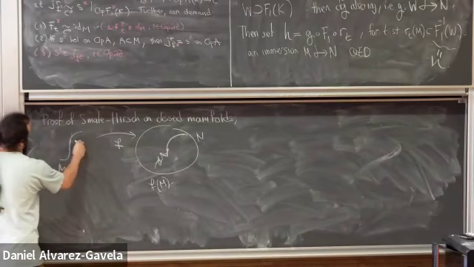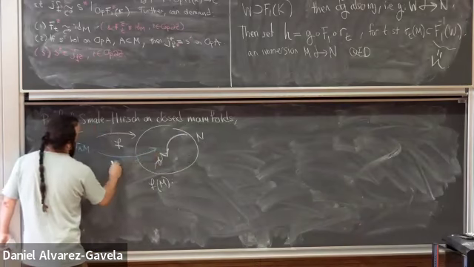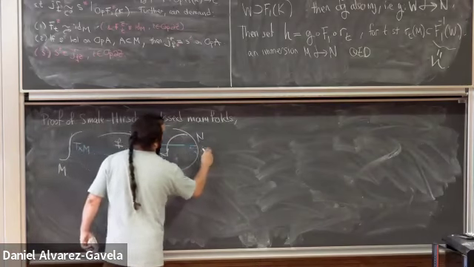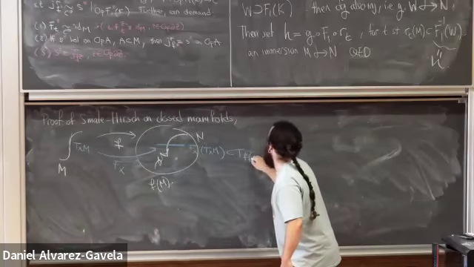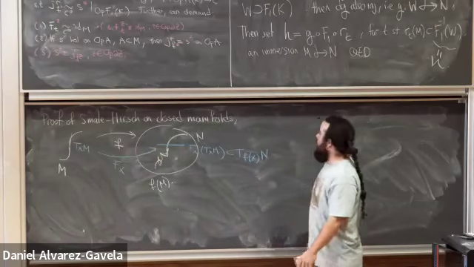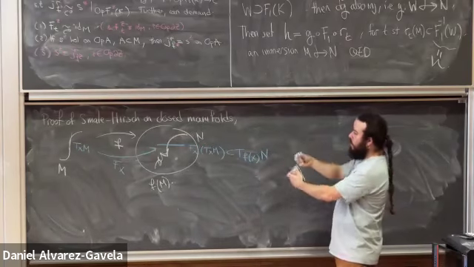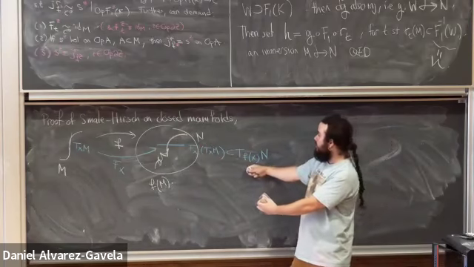So I have TM, and I have capital F, and that sends me to some dimension-m linear subspace of the tangent space of the target.